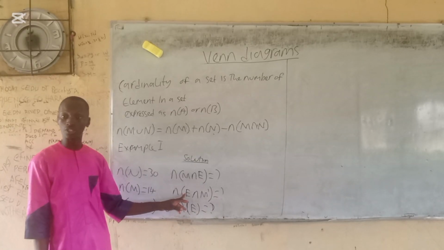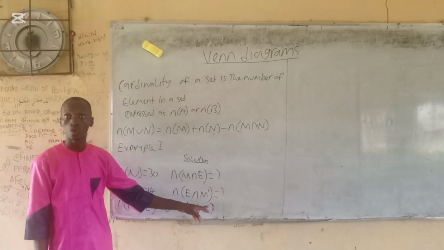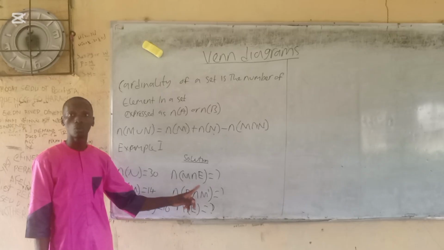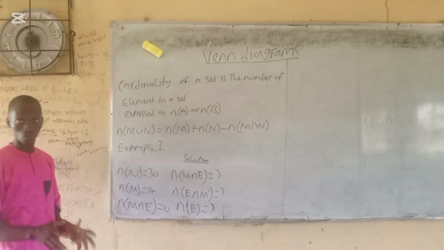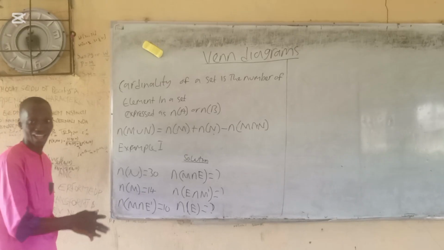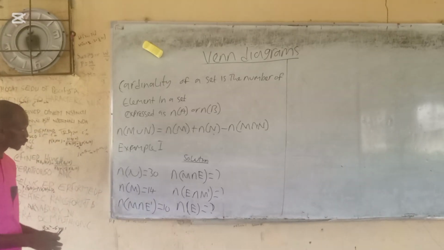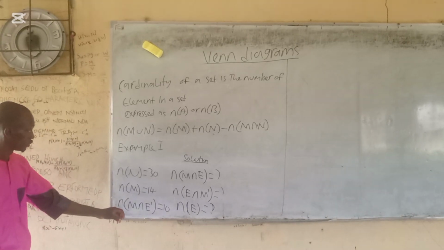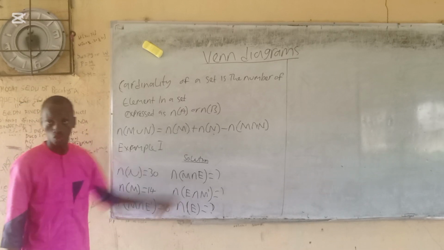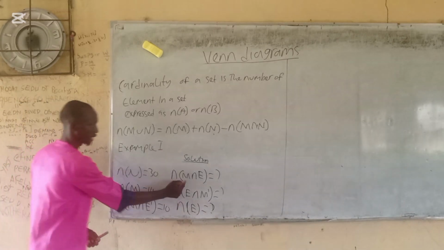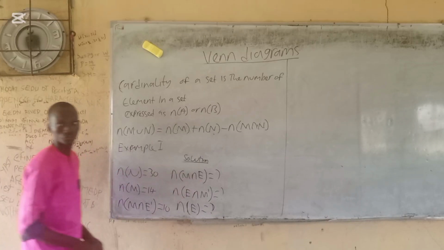Now, I can use it with understanding from the equation. The answer of this intersection is already showing on the board.